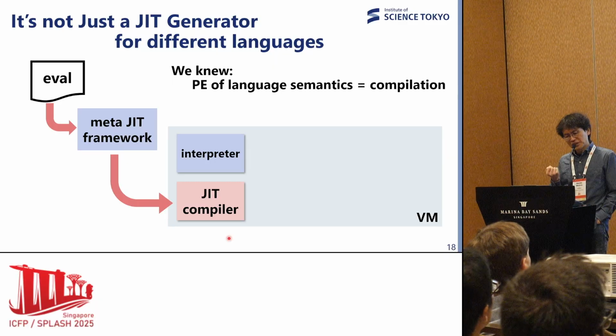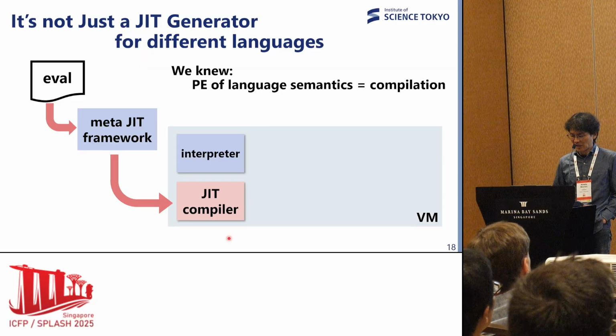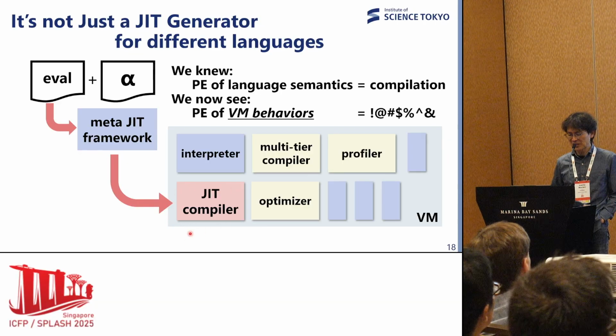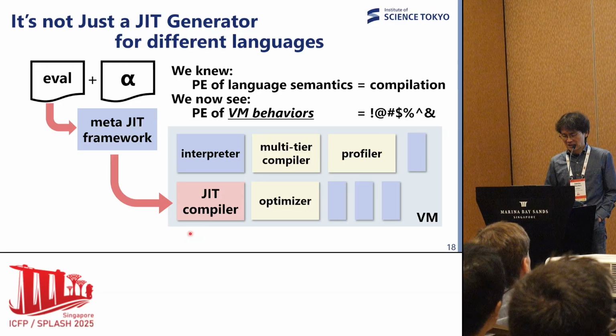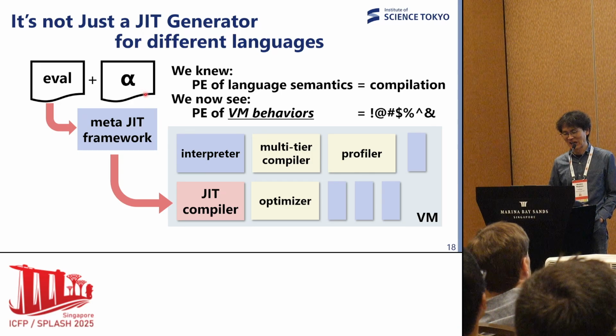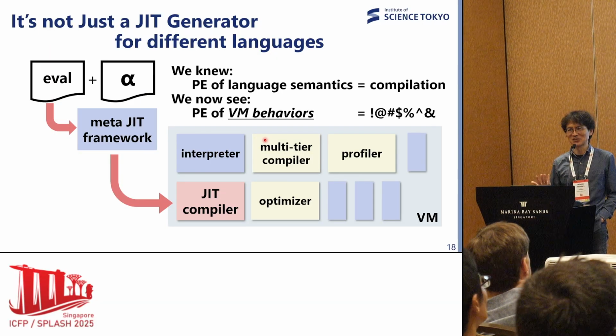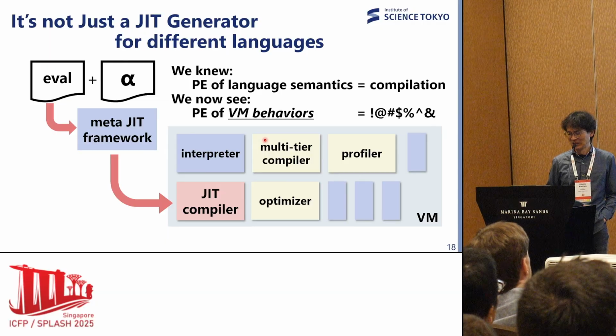Okay, so what I've shown is that the meta-tracing JIT compilation framework is not just a JIT generator for different languages. It can generate JIT compilers, but by adding something, I don't find any good word for here, we can provide many different behaviors of virtual machines, beyond what compilers do.